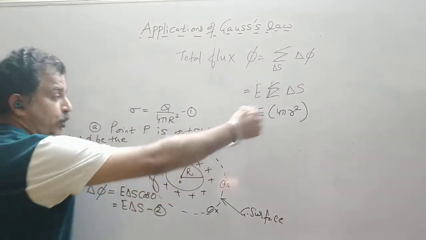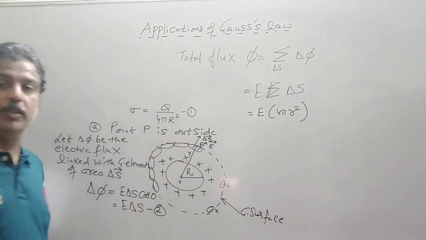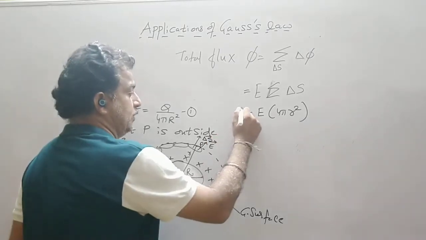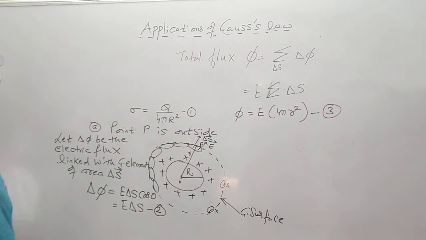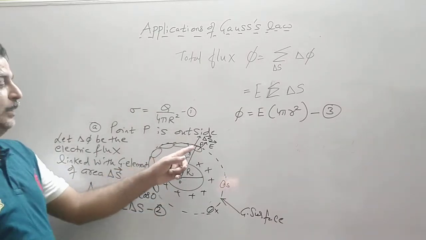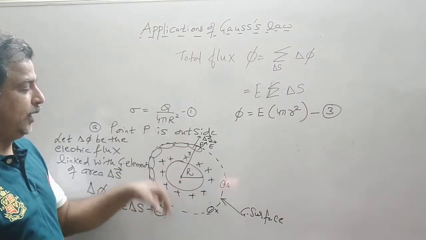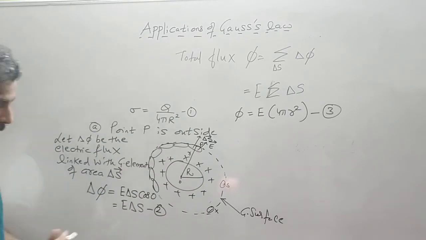So 4 pi r square is the area of this Gaussian surface. So this is the flux linked with the entire Gaussian surface, at a point outside the spherical shell. This was our source.